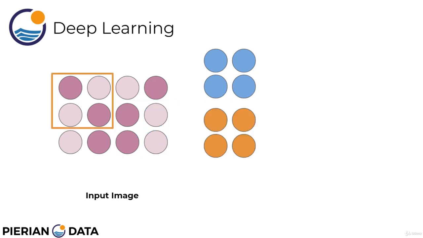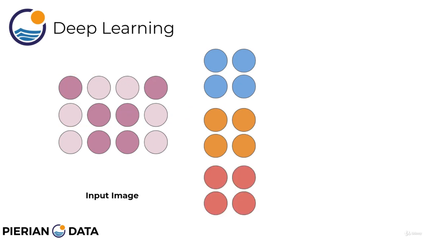And if you want, you can always do this with another set of filters. You can add on as many filters as you want here. So you do the same scanning process again and again, and here we have 3 filters on this input image. But it's not uncommon to see tens or hundreds of filters depending on the complexity of what you're actually trying to classify, as well as how many different types of objects you're trying to classify.